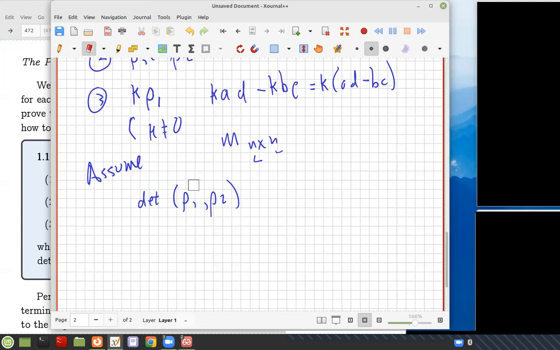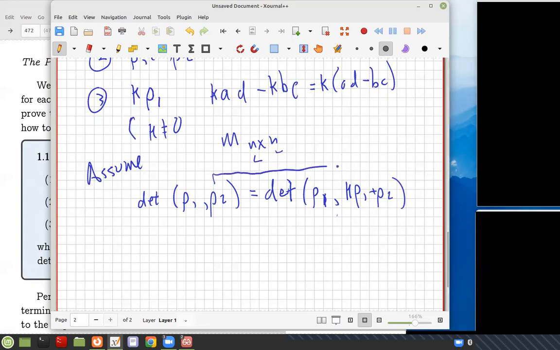What's going to happen is, the determinant of row 1, row 2 equals the determinant of row 1, then k times row 1 plus row 2. So I've done the row operation, and if I change the row here, this number doesn't change. That's our first property that we're going to assume.